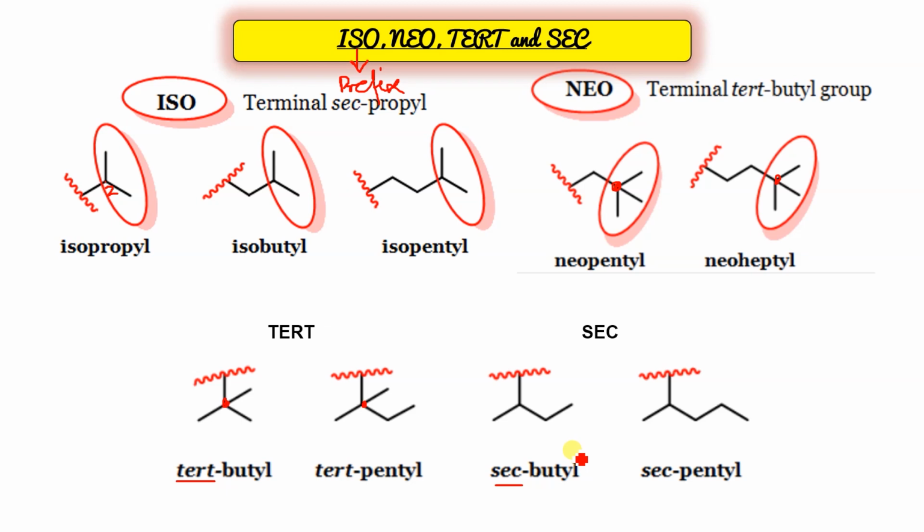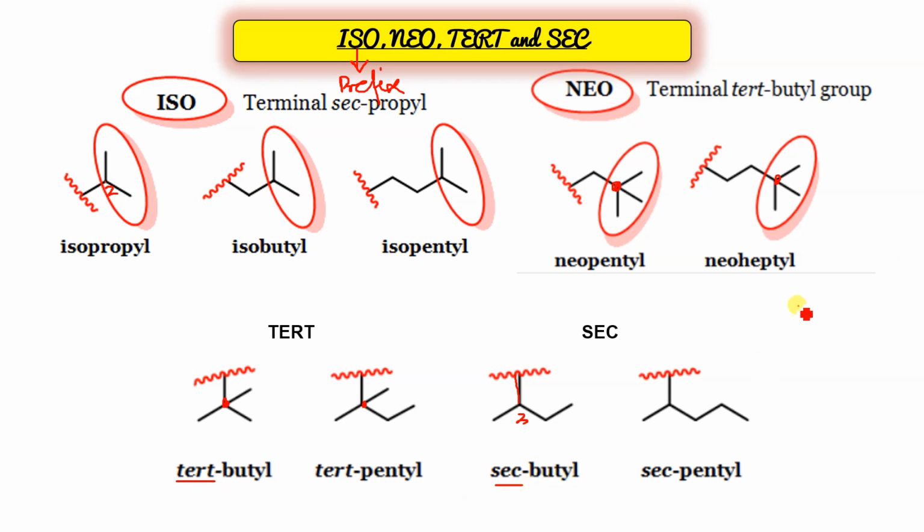If the branch is attached with the main chain with its second position, then it is called sec butyl. Got it? You can see that this is the main chain, and here it is the second position. With this second position, it is attached with the chain. Similarly, you can see in this case, the second position is attached. Got it? So then it is called sec butyl.